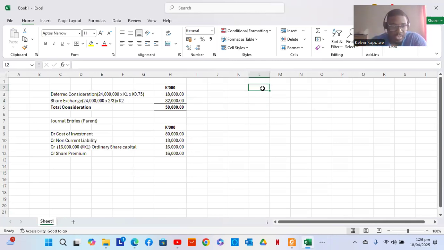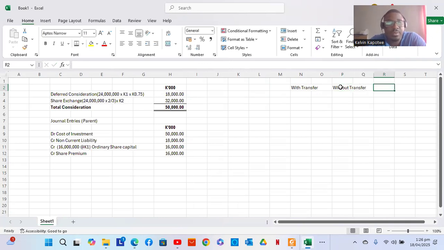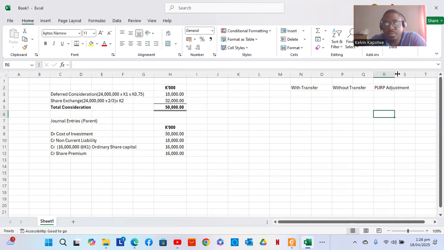I'm going to put with transfer, then without transfer, and then I'm going to have PAP, that is your provision for unrealized profit adjustment, right? So this is what we're going to do. I guess you're able to see what's happening here.